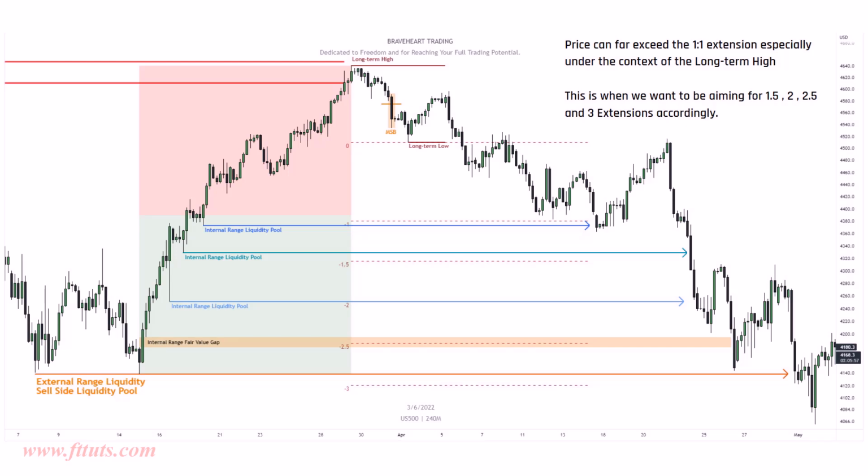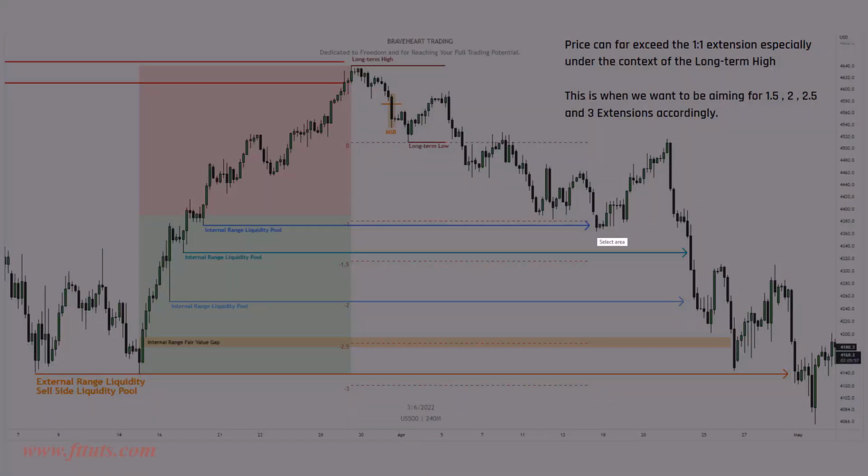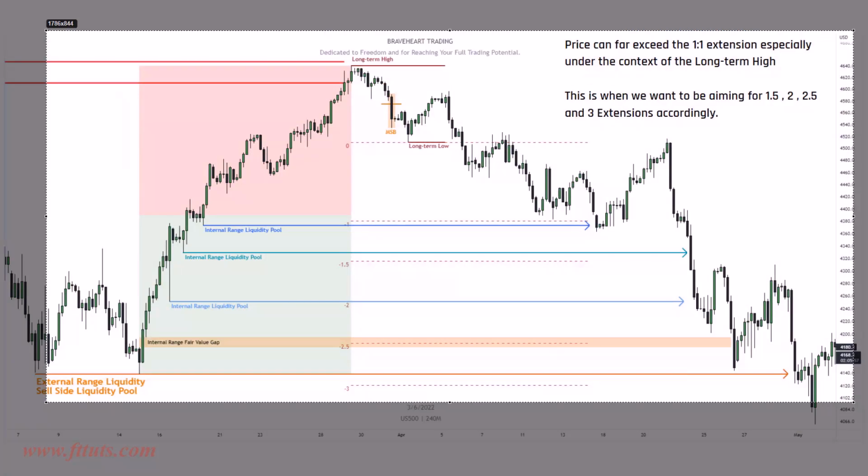Price can far exceed the one-to-one extension, especially under the context of the long-term high. So the context of the long-term high was we wanted to see the market reverse from a bullish trend to a bearish trend, and that could be confirmed with a significant market structure break.